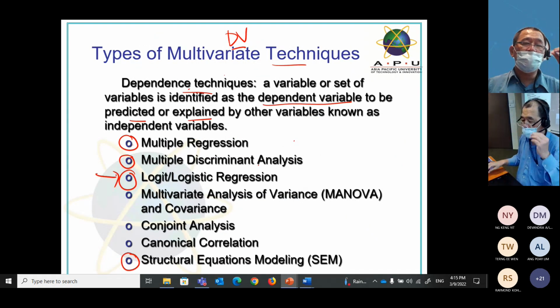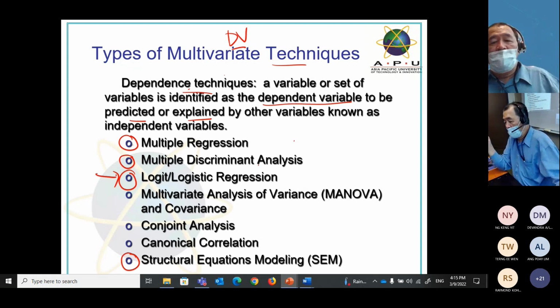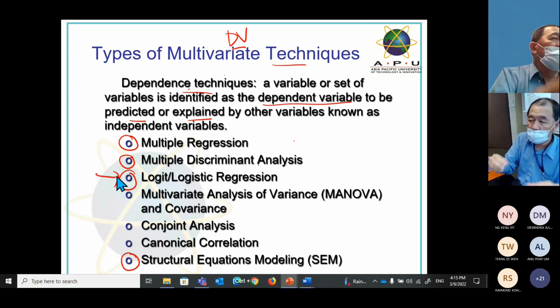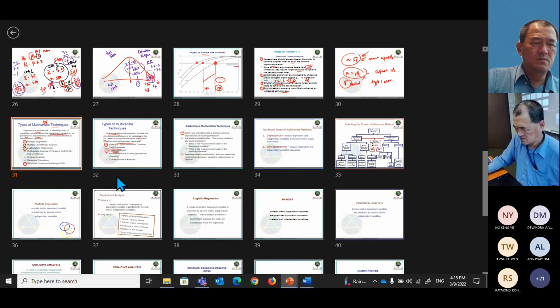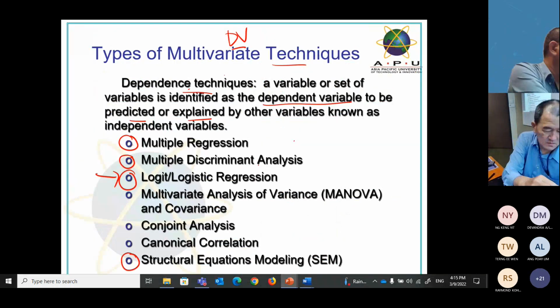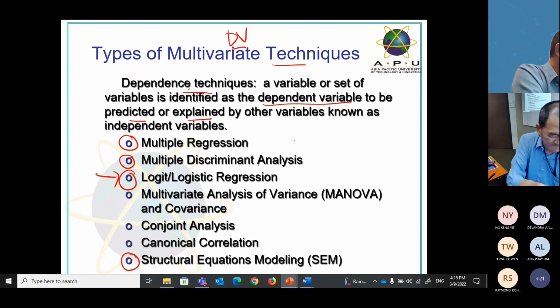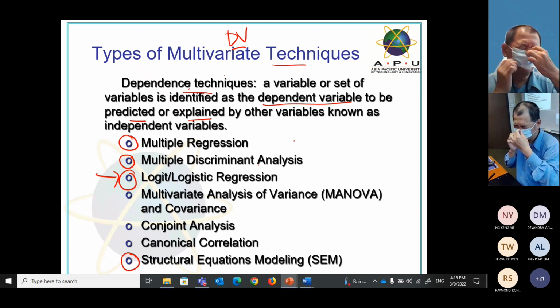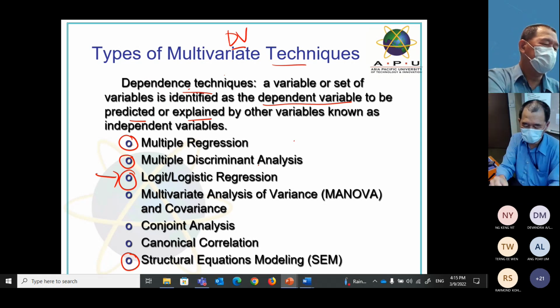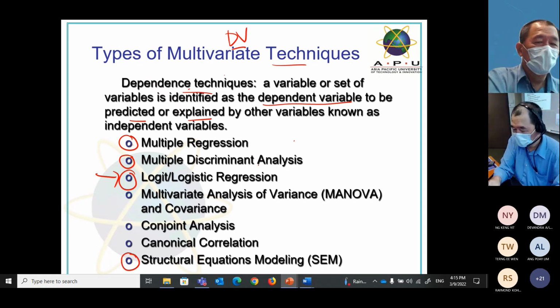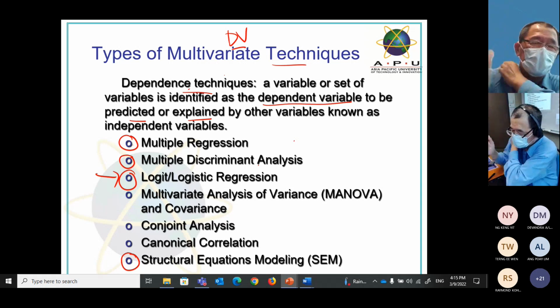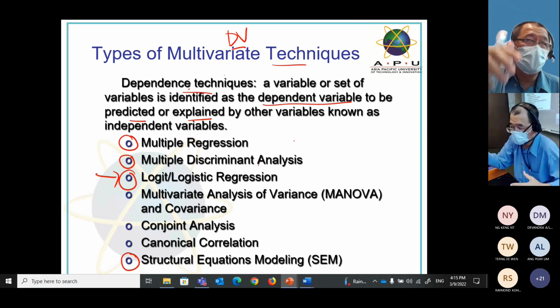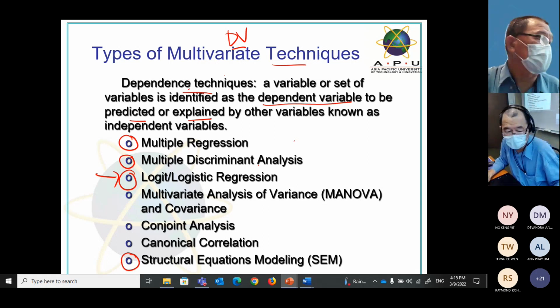Therefore, the measurement scale will affect the selection of the technique.